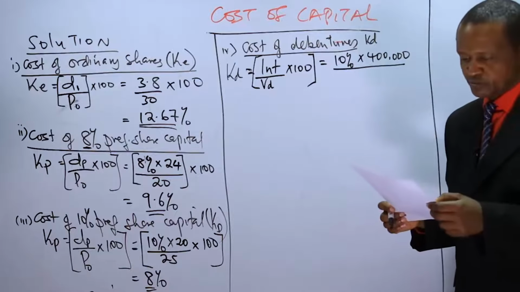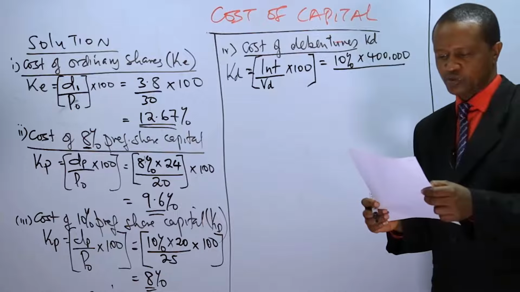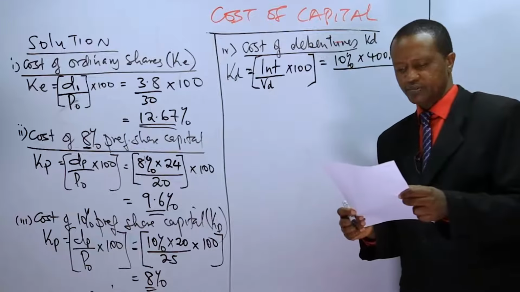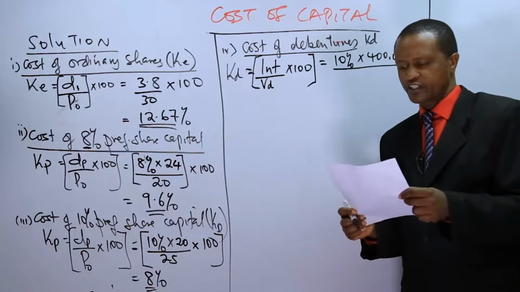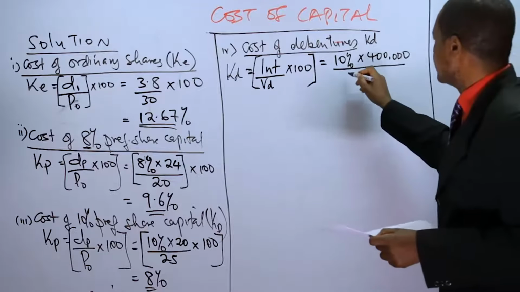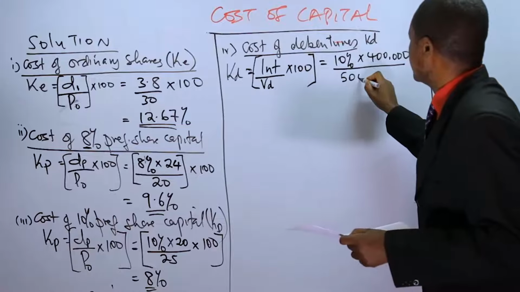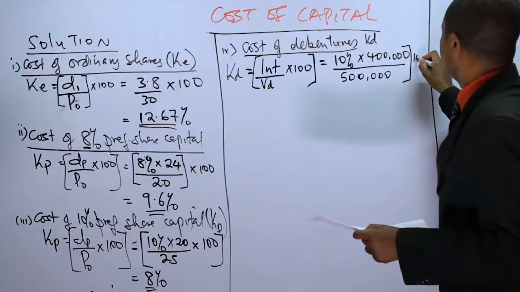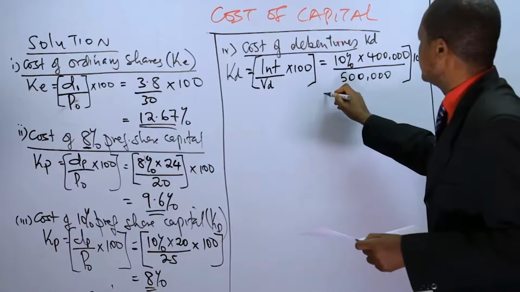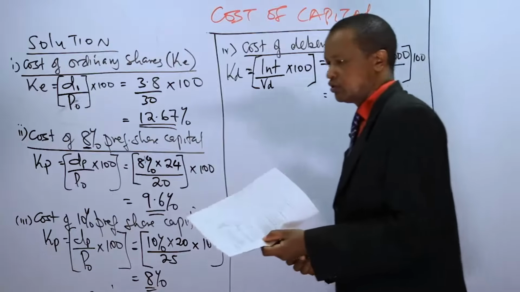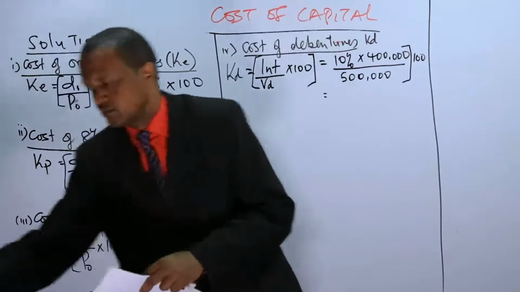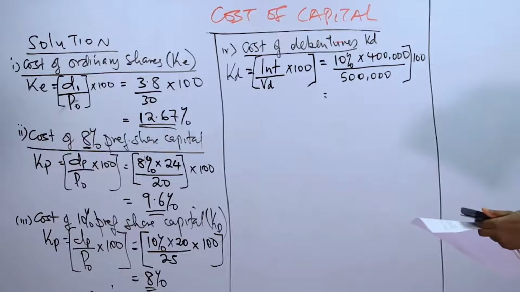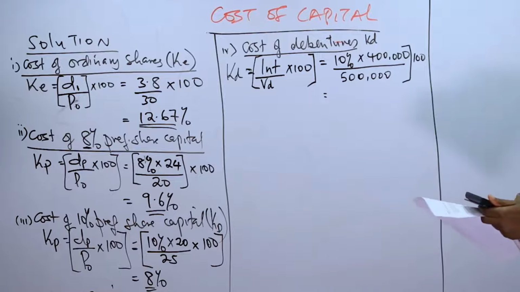The market value below the table under note 1, I read the market value of the 10% debenture on 31st December was 500,000. So we divide by 500,000. Then we multiply that by 100 to arrive at the cost of debentures. So 10% of 400,000 is equal to 40,000.